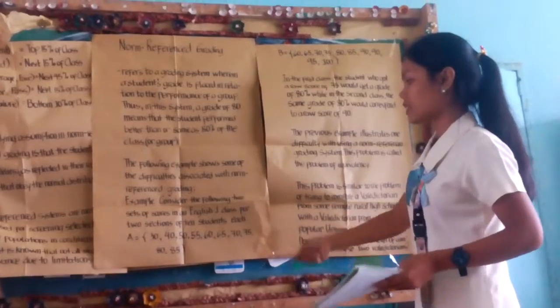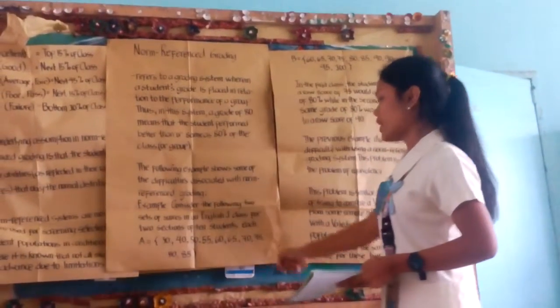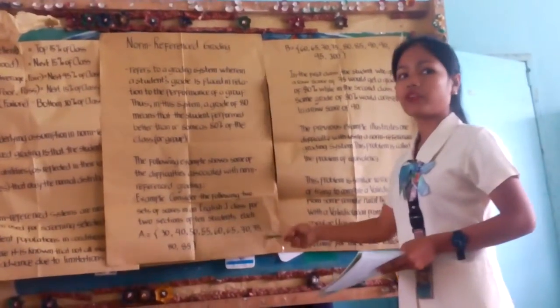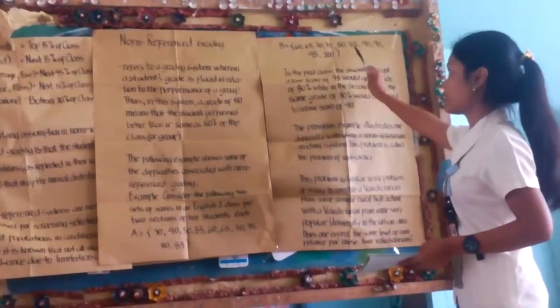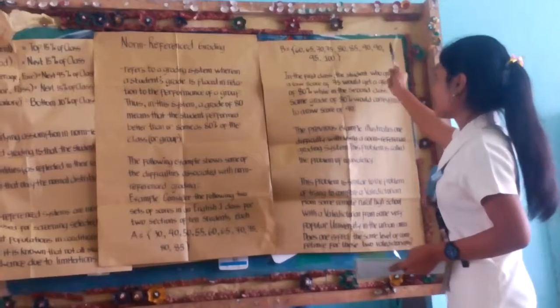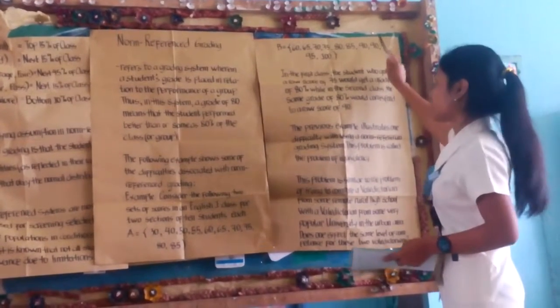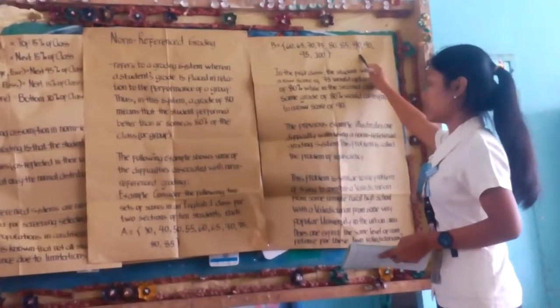In the first class, the student who got a raw score of 75 would get a grade of 80%. The same as in class B, the student who got a raw score of 90 would also get a grade of 80%.